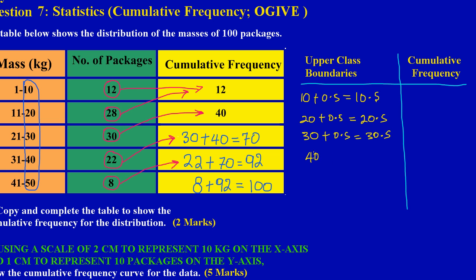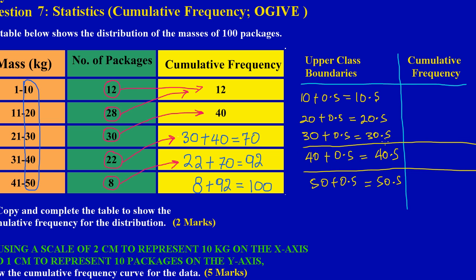Then I'm taking 40 and adding 0.5, and that is equal to 40.5. Then I'm taking 50 and adding 0.5, and that would give me 50.5.